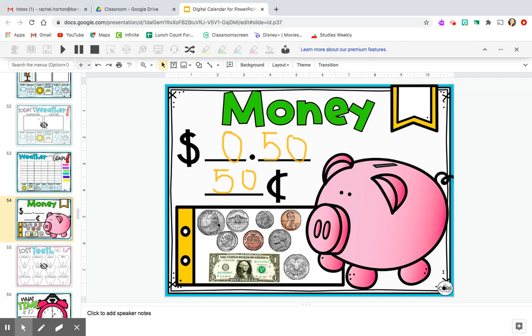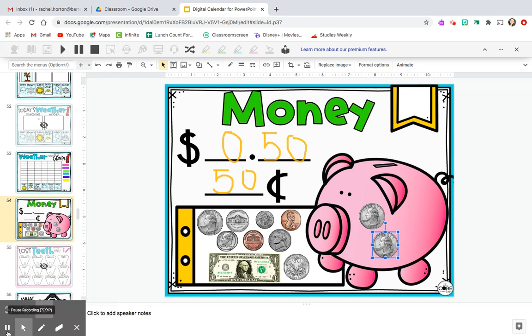So if I do 25 plus 25 more, then that is going to give me 50 cents. Okay, so we have 25 plus 25. There's many different ways we can do 50 cents.